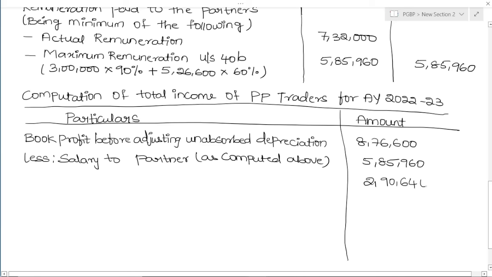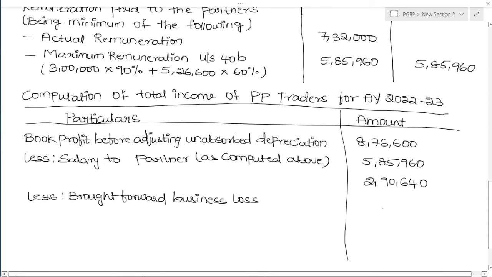Now we have to compute total income. So let us deduct brought forward business loss because it has limited time. Less: brought forward business loss. How much? Can we deduct 8 lakhs? Your total income cannot be negative, right? Because of the past year's losses adjusted.